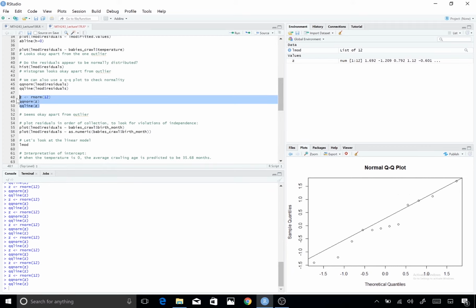Now you see, some of these look even worse, and this is from data that we know is normal. So you can't put too much faith in these things at small sample sizes. Let me make a bigger sample size. Now you see it's better. It still tends to disagree at the very tails, but this is what a good QQ plot looks like. So ours wasn't too bad at all.